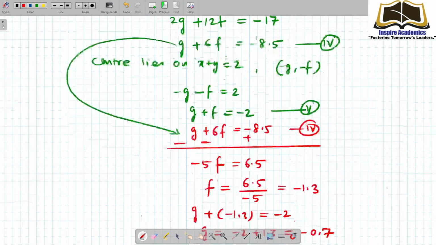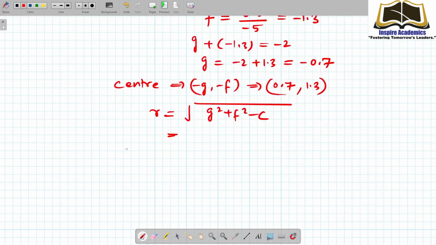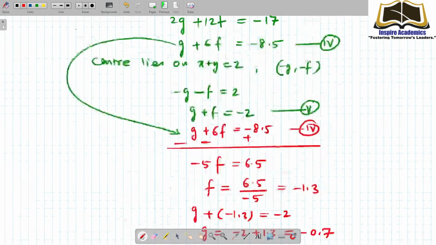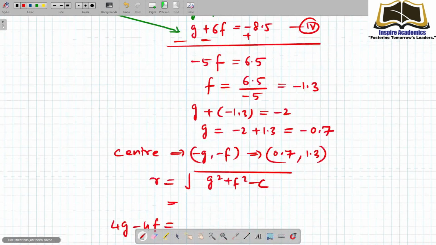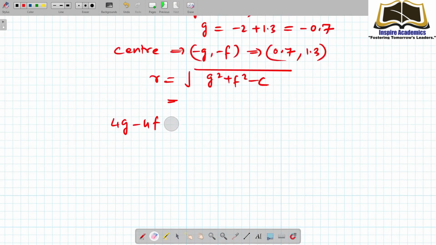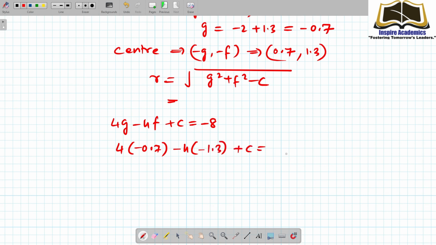The value of g is negative 0.7, minus 4 times negative 1.3, plus c is negative 8.